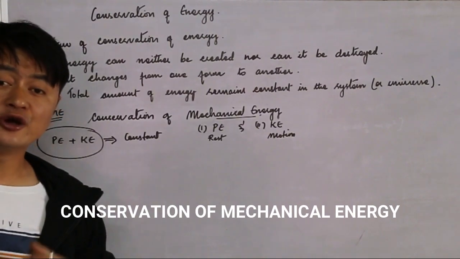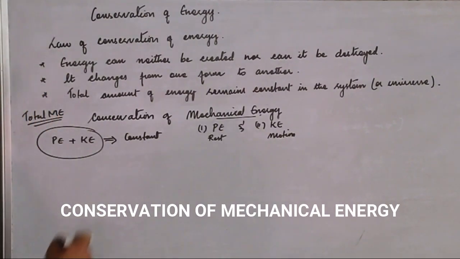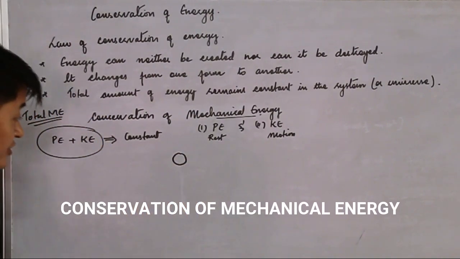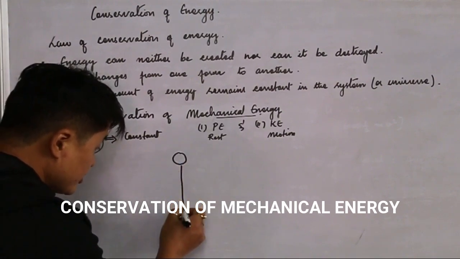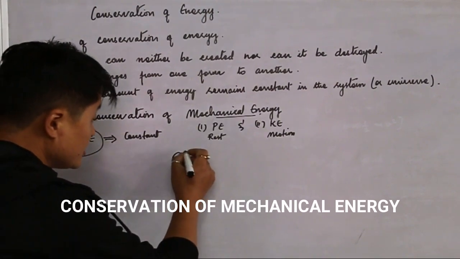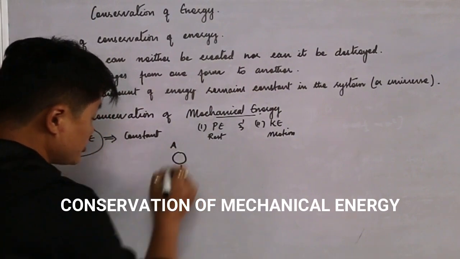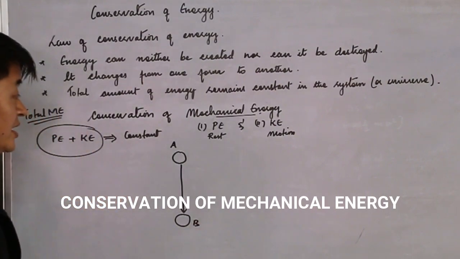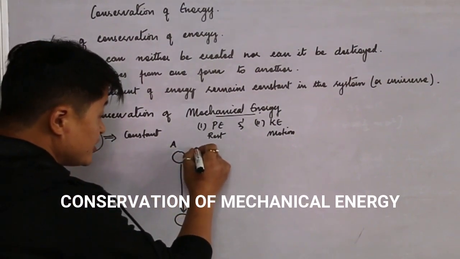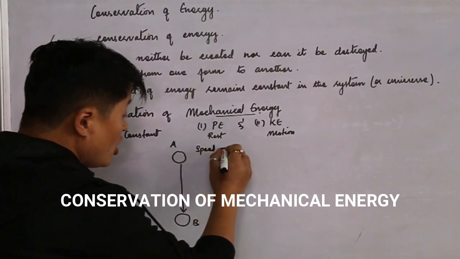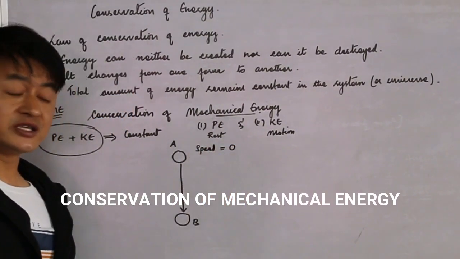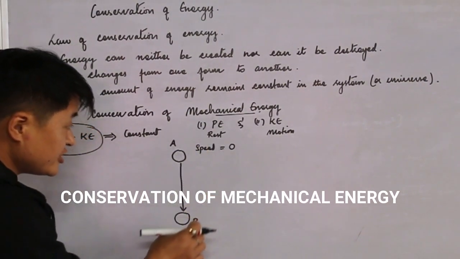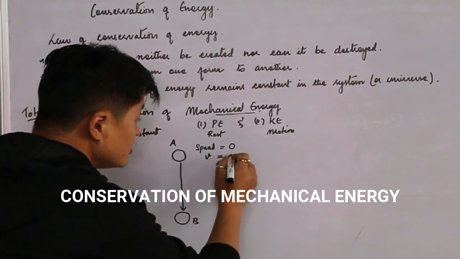Let's understand this with the example of a freely falling body. If we allow a body to fall freely under the force of gravity, let's take this position as A and the ball falls to this position, let's take this position as B. Initially at A, the speed of the body, the initial velocity u, will be 0.